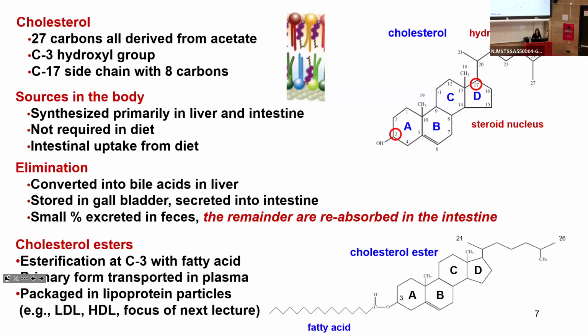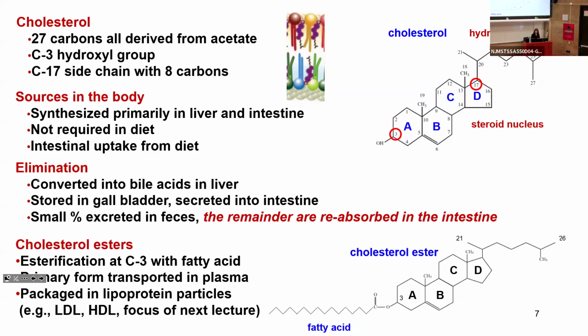So all cholesterol molecules are not identical. They can have different fatty acids, they can have a different length of hydrocarbon tail. And it's synthesized principally in the liver and also in the intestine. We don't require it in the diet.